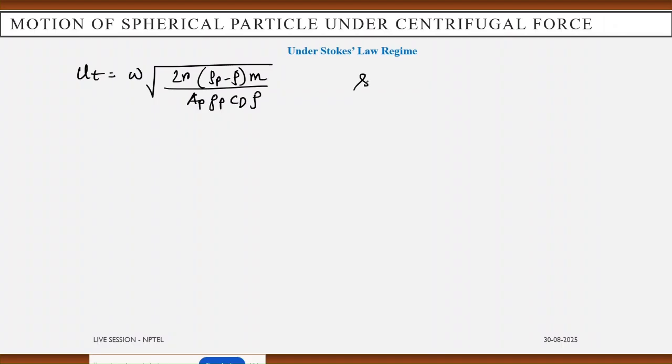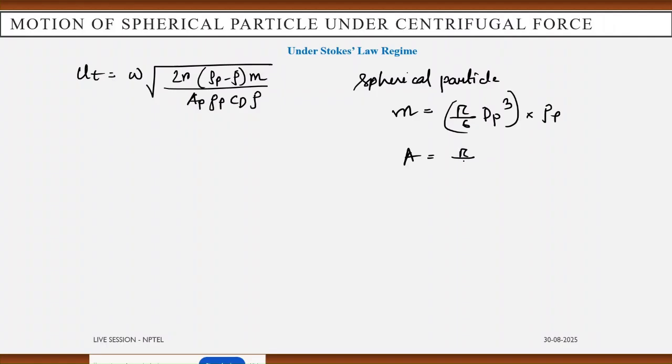For a spherical particle, this m you can write as pi by 6 dp cube into rho p, and ap equals pi by 4 dp square.